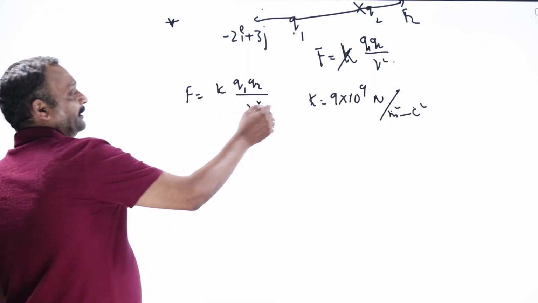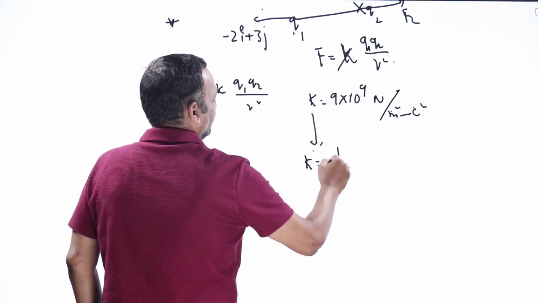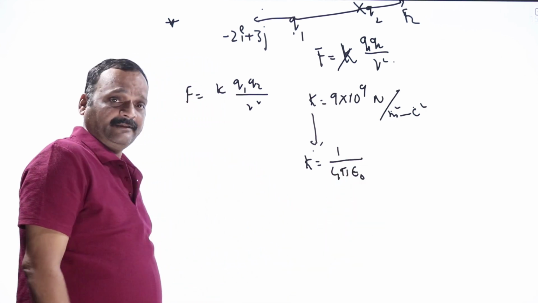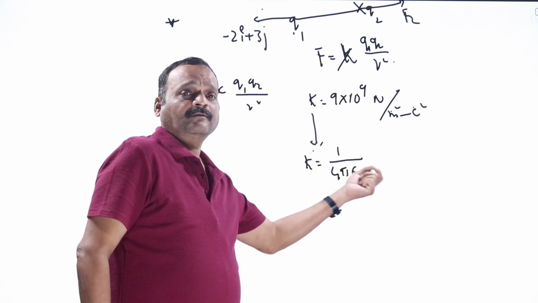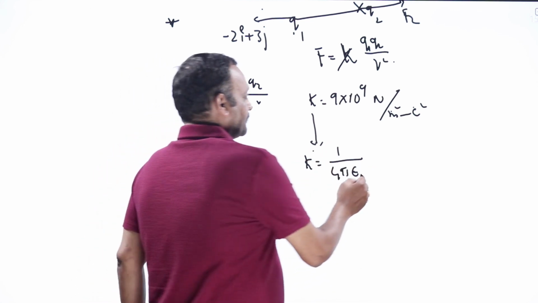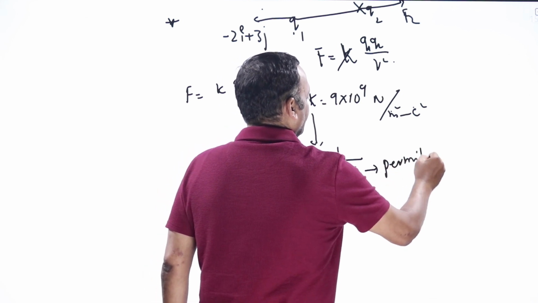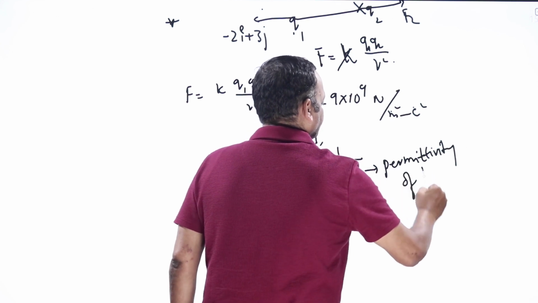Usually k is conveniently written as 1 by 4 pi epsilon naught when the problem is to be solved in SI units, where epsilon naught is called the permittivity of free space, or vacuum.